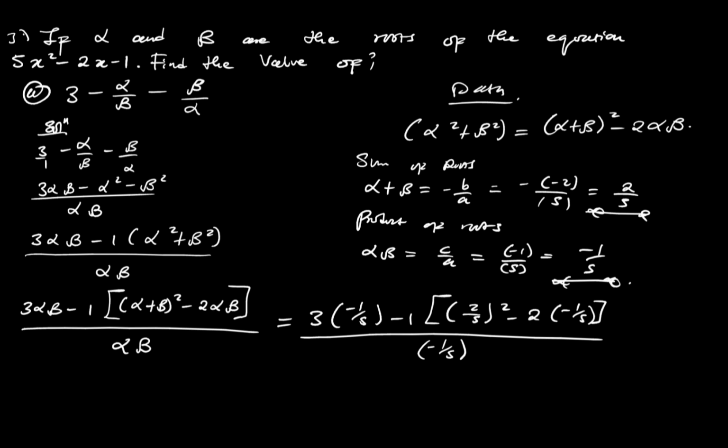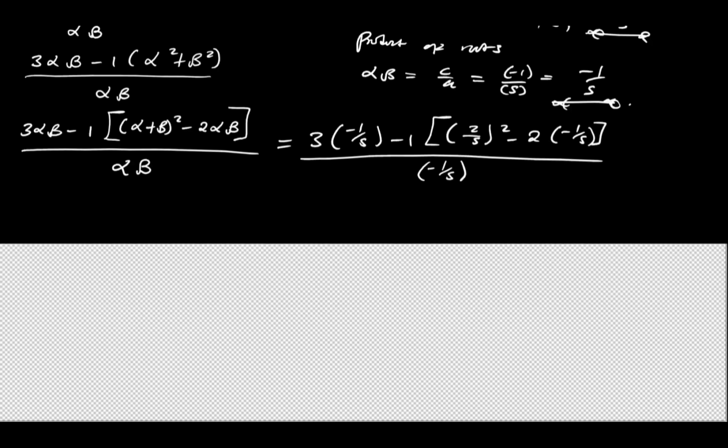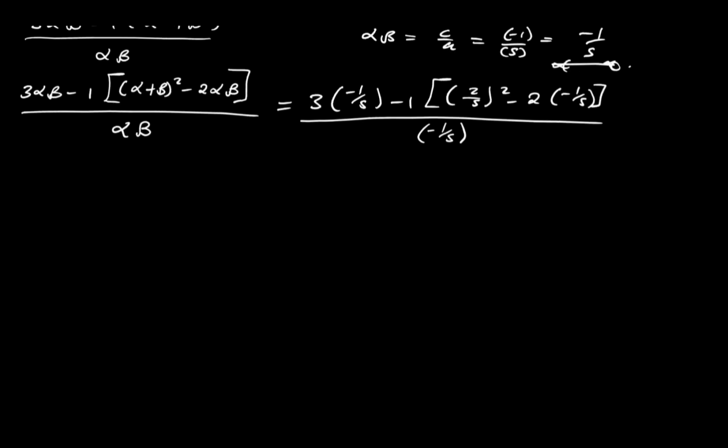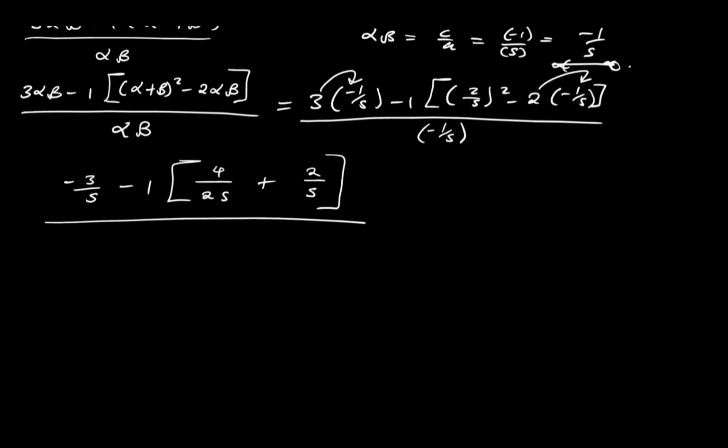So I multiply this by that and now I have -3 over 5, then minus 1 times 2 squared, 4 over 5 squared, 25, then this times that is plus 2 over 5, then all over -1 over 5.